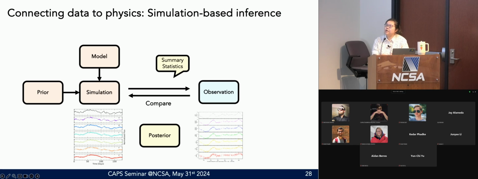So in the case of AGN light curves, for example, we can compare the magnitudes of variability or the characteristic timescales of two different light curves. SBI is also often used in cosmology because we have a lot of statistics that we get from, say, a CMB map.